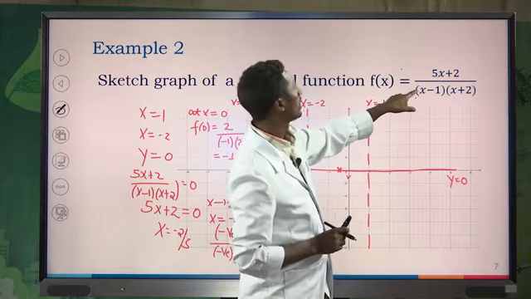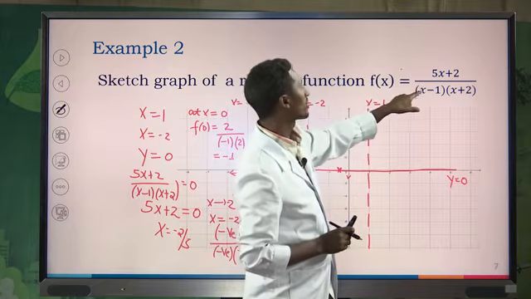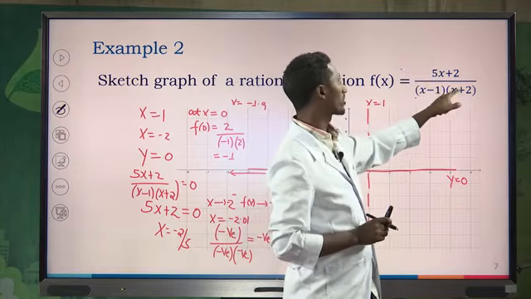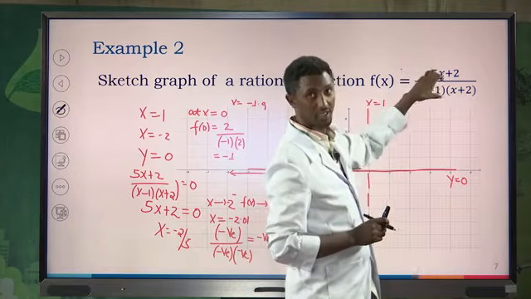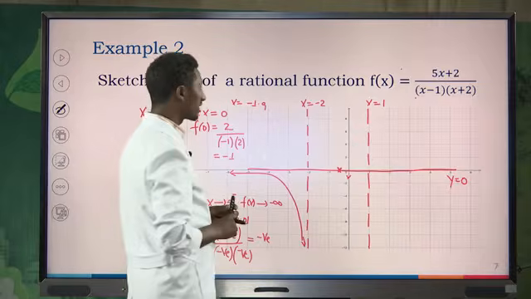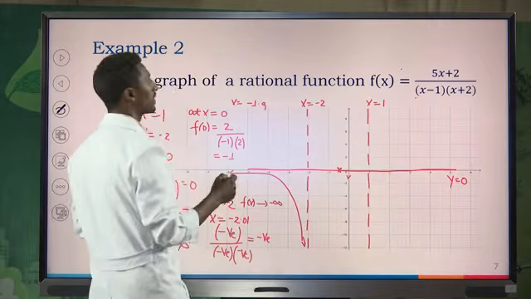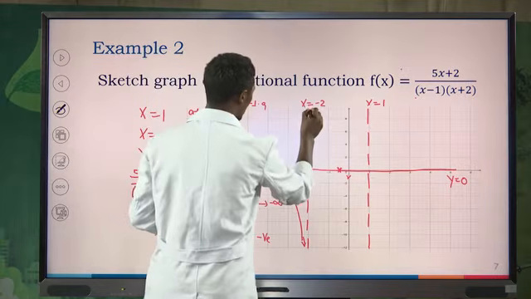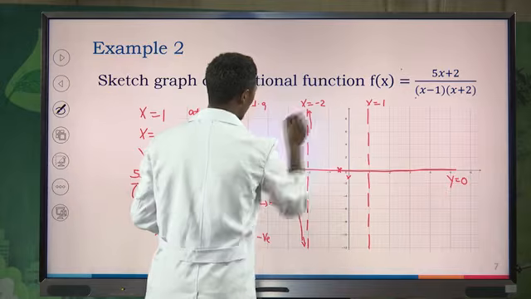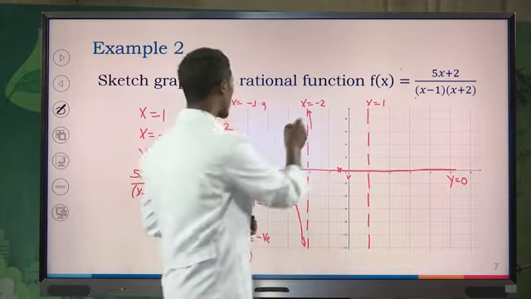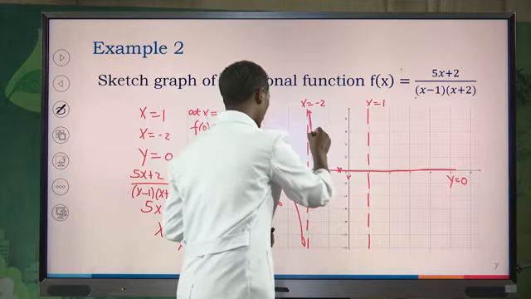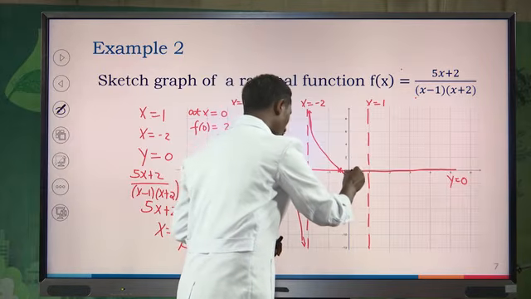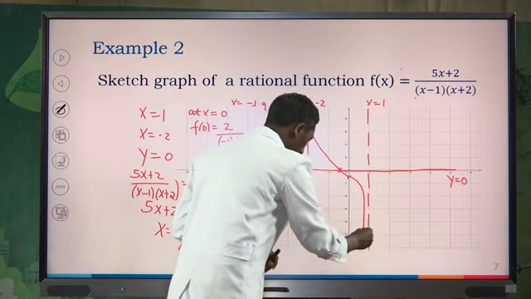Then over minus 1.9 minus 1, this is also negative. Then minus 1.9 plus 2 is positive. So negative over negative is positive. So the function f of x will go closer to positive infinity. So we'll put the arrow to this side. As we go down, we know that it will intersect the x-axis at this point and the y-axis, so it will go in this direction.